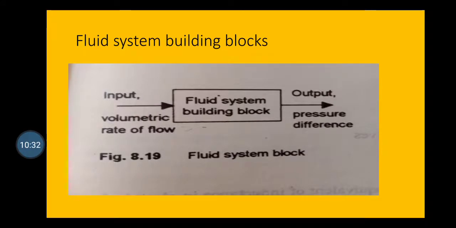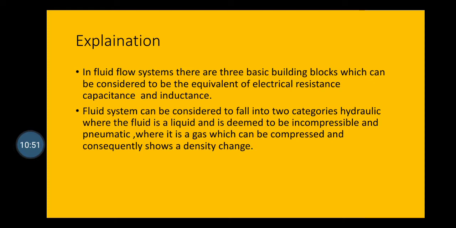Next one, fluid system building blocks. Here, for the fluid system building blocks, the input is the volumetric rate of flow, the process is the fluid system building block, and the output is the pressure difference, that is P1 minus P2. In fluid flow systems, there are three basic building blocks which can be considered to be the equivalent of electrical resistance, capacitance and inductance.